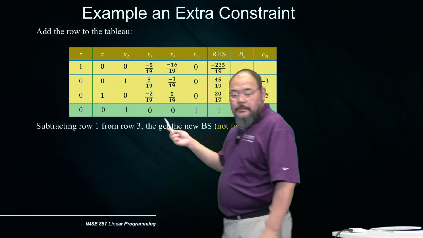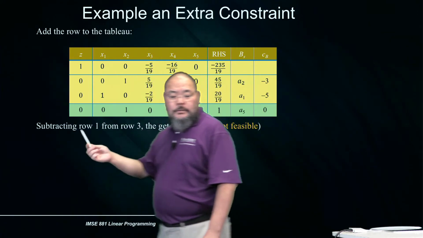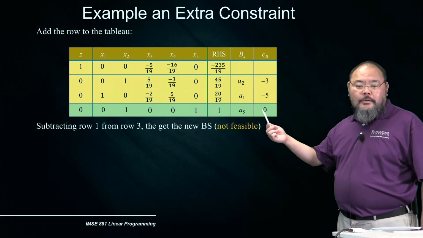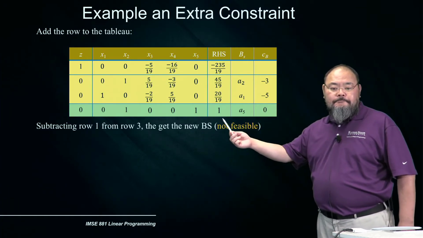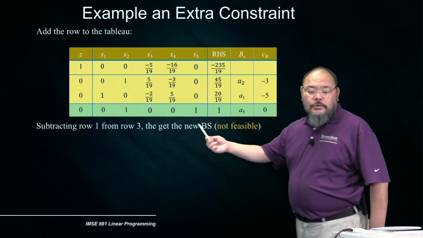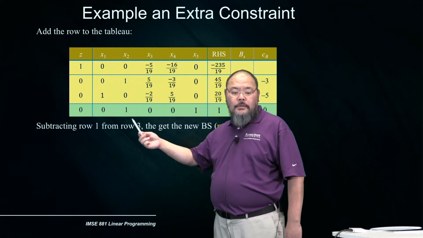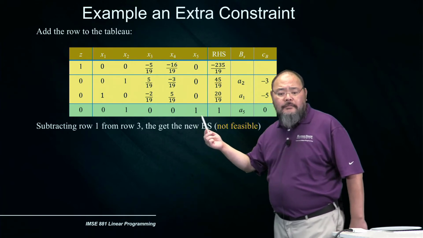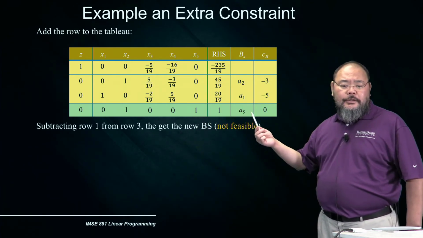So take a look right here. This will be the new tableau, with this column added. So here what we have is x2 plus x5 equals 0, added to here.